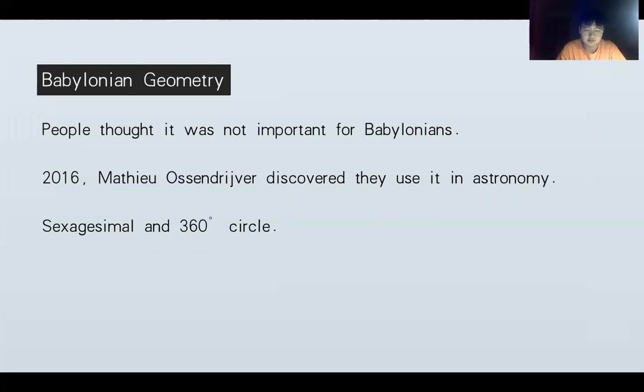This German mathematician was translating some clay tablets which were found in the region of ancient Babylon, and he also did some research after he had them translated. In 2016, he found that ancient Babylonians could predict the movement of stars and planets.